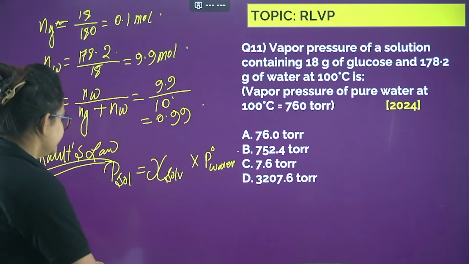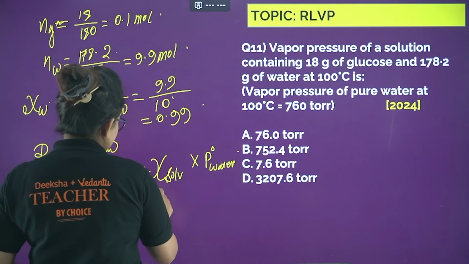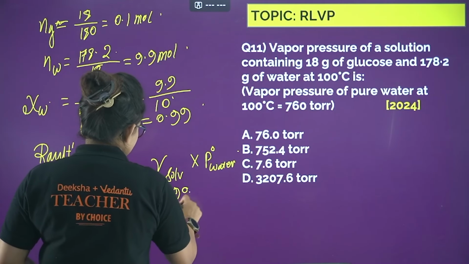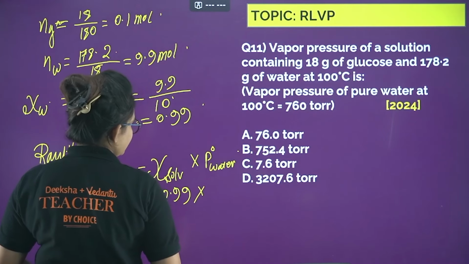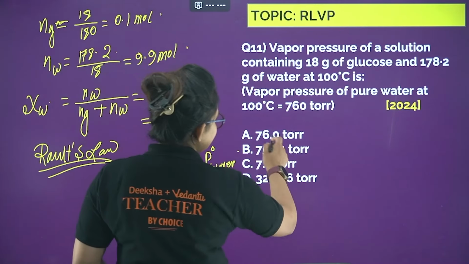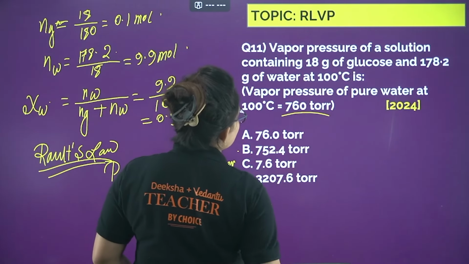Okay, so let's put the value we calculated, 0.99, into P0 of water. P0 of water is given, it is 760 torr.